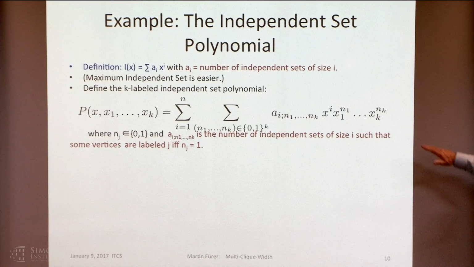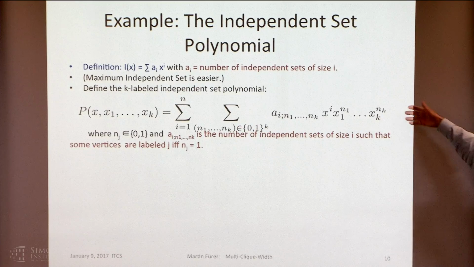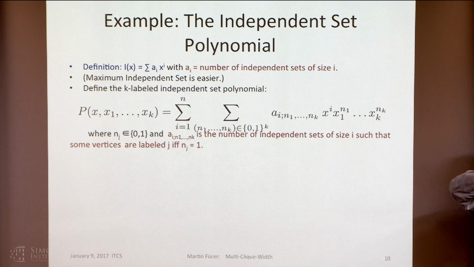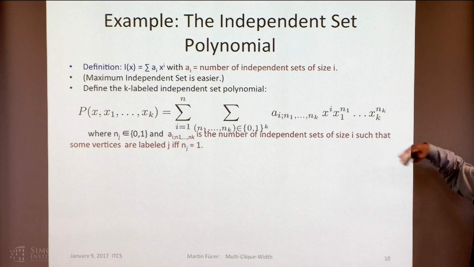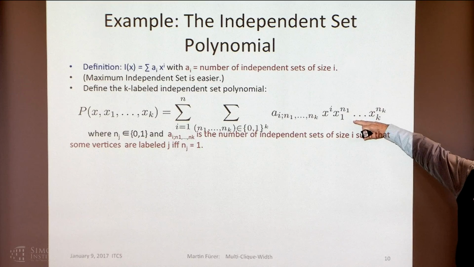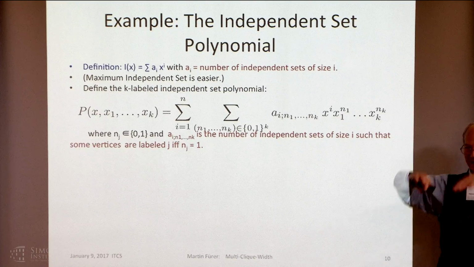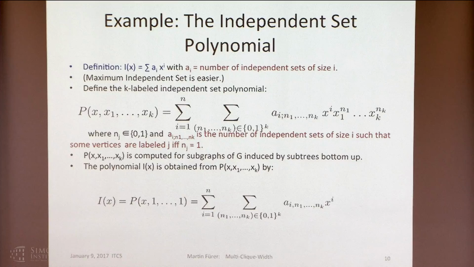And as I said, once you have defined this auxiliary independent set polynomial, it's actually very easy to compute it bottom up. Going through the K expression that defines the graph, computing the polynomial for the graph generated by a subtree, one can easily compute it step by step, the way up.